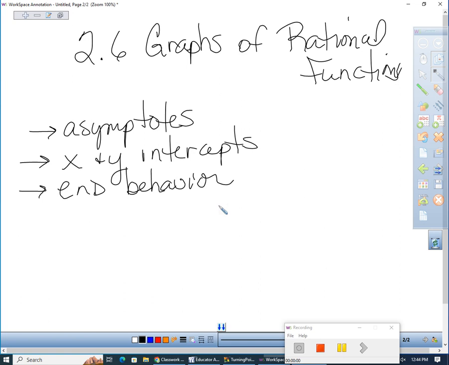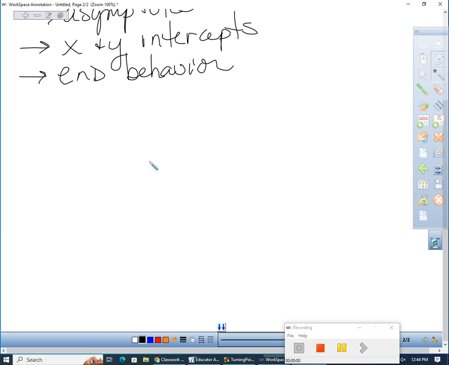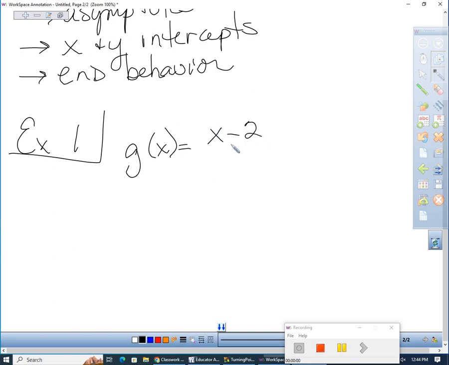All right, so since you know all of those to begin with, let's start with example number 1. Let's say I have g of x equals x minus 2 over x squared minus 2x minus 3.